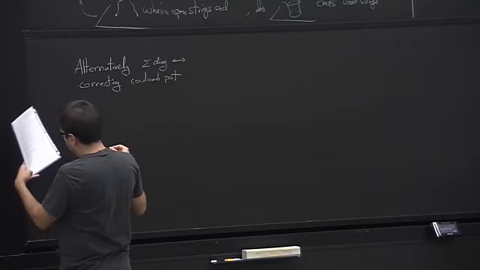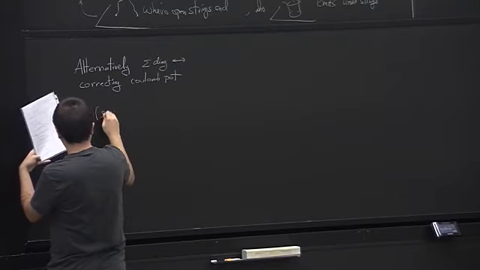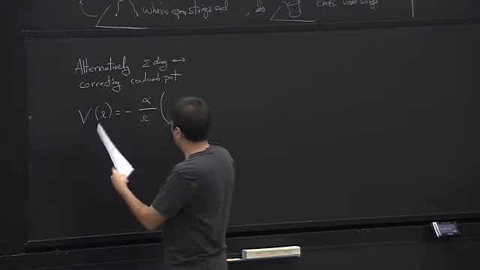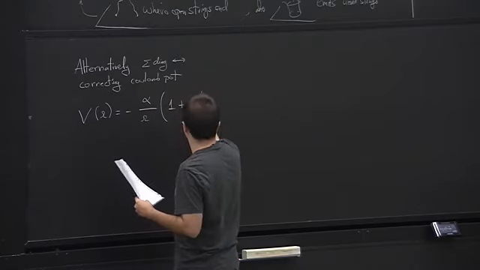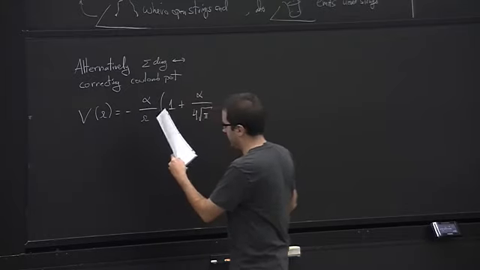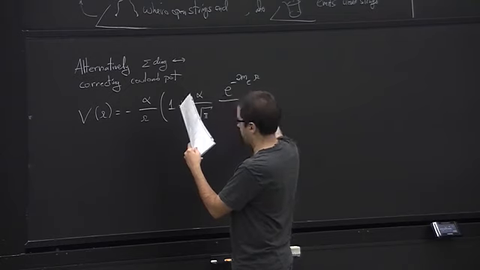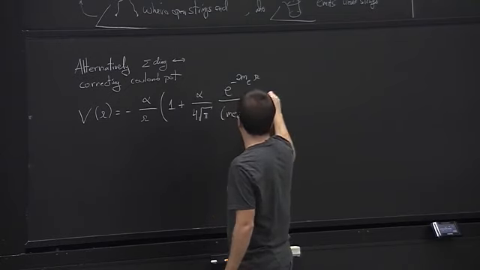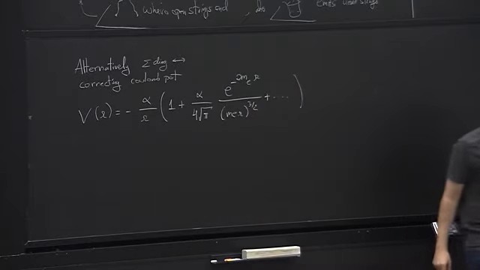That gets corrected, and it's called something like the Uehling potential, which is just the Coulomb potential. And then you start correcting, and you get some terms, e to the minus 2 times the mass of the electron times the distance, over the mass of the electron to the 3/2, plus, very good.